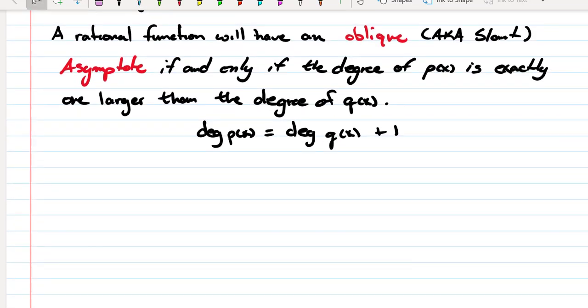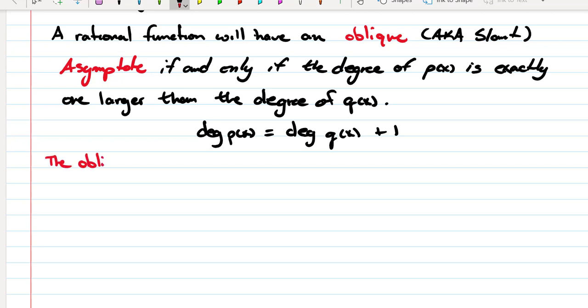Okay, so now we know when we are going to have oblique asymptotes, but we haven't talked about how you find one. Well, that's where our polynomial long division comes in.